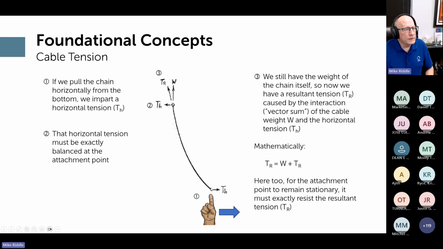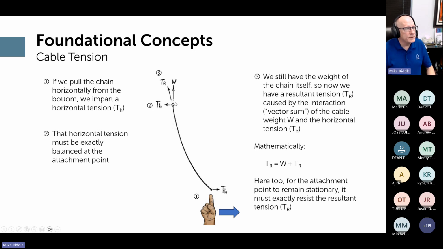So now let's take our finger and imagine moving the chain horizontally from the bottom. Once we do that, we're imparting a horizontal tension in order to move the chain, and then the attachment point is providing a resistance to that.